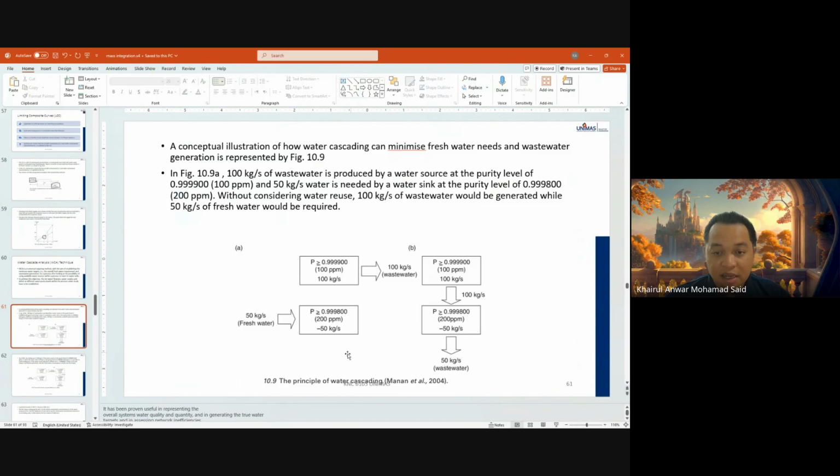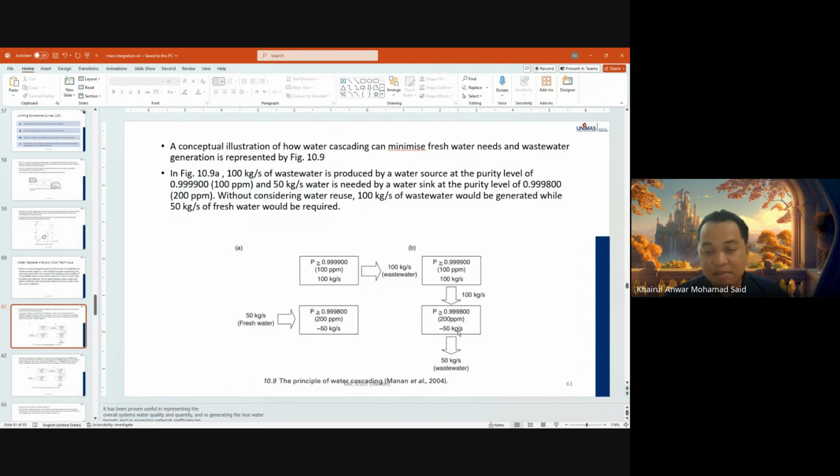So this A here, Figure 10.9A, is without cascading. B is where you cascade. Instead of going straight to wastewater, you introduce it to the next process.